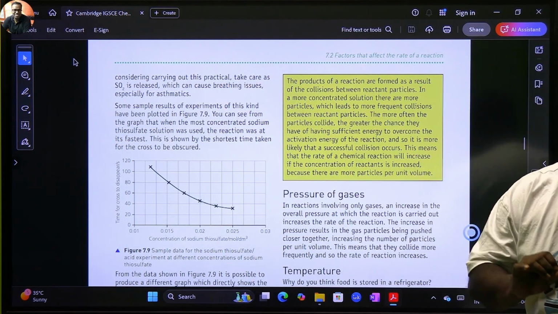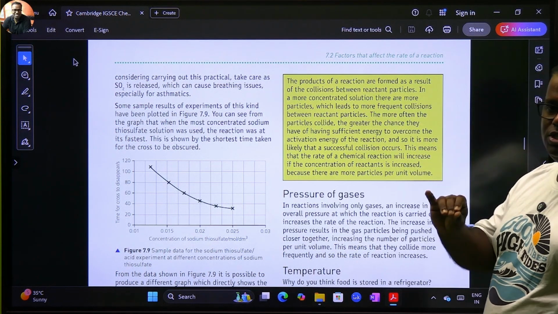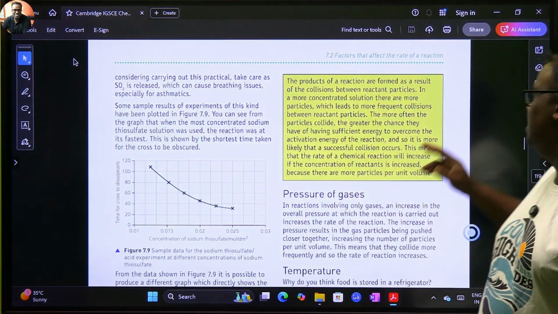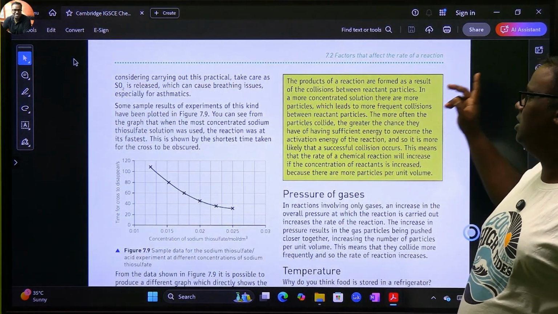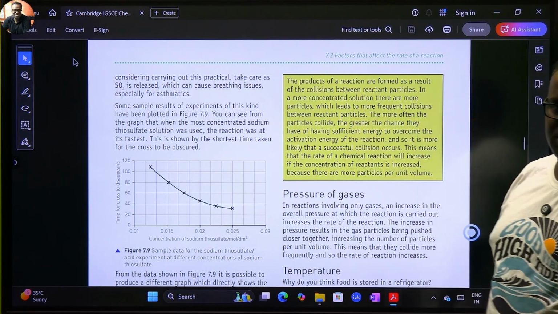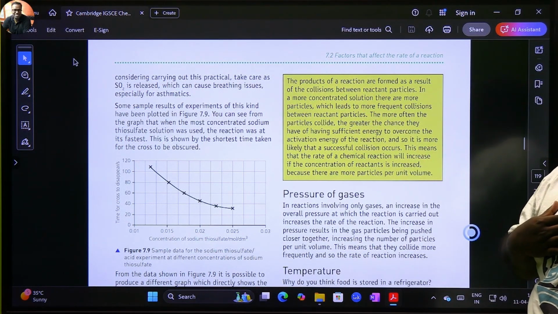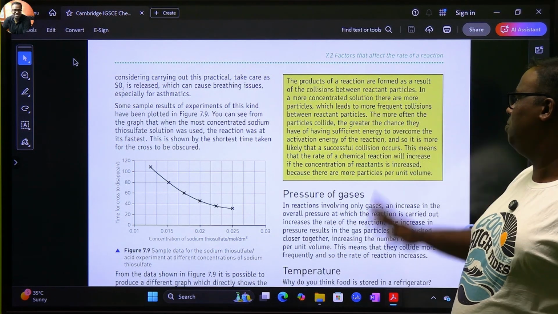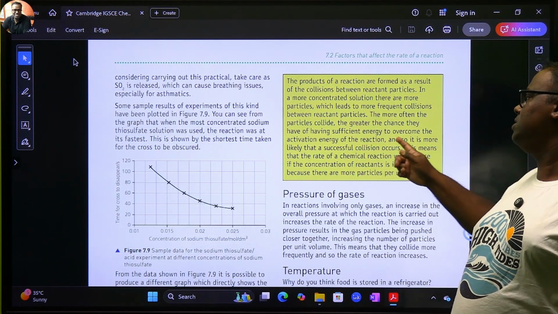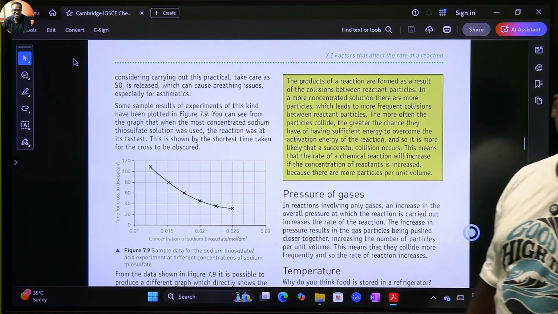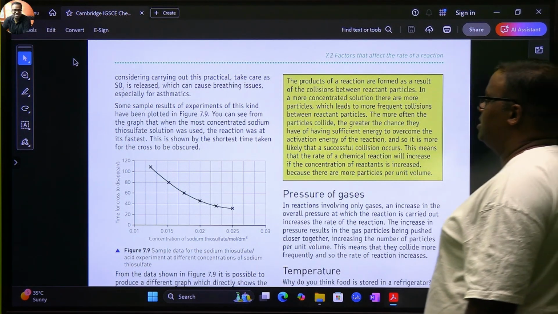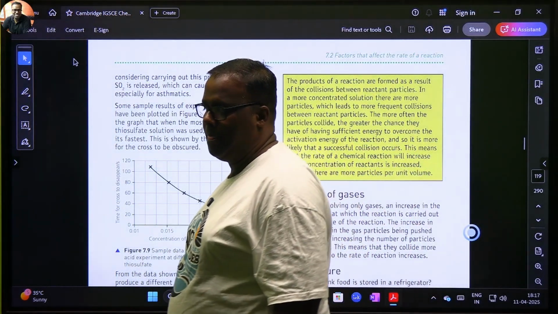If products have been formed, the only procedure that has given rise to those products is collision, right? In a more concentrated solution, there are more particles, which leads to more frequent collisions. In our language, we will say successful collisions, between the reactant particles. The more often the particles collide, the greater the chance of them having sufficient energy to overcome the activation energy of the reaction, and so it is likely that a successful reaction occurs.